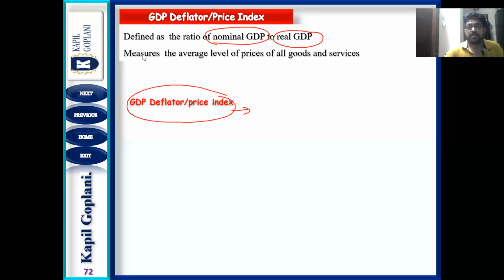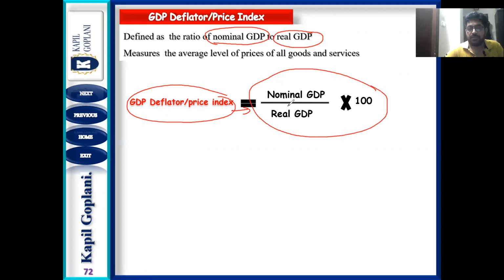The formula of GDP deflator will be nominal GDP divided by real GDP into 100. Are you able to get it? It normally gives you the price index.